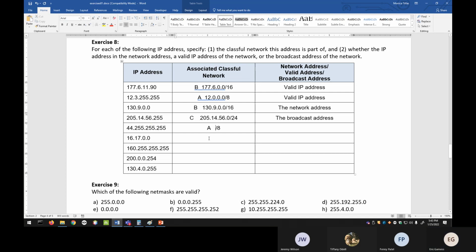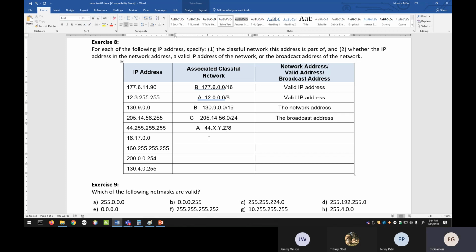So what will be the network address? What should I do here with X, Y, and Z if I want the very first IP address of the network? Correct. So the network address will be 44.0.0.0.